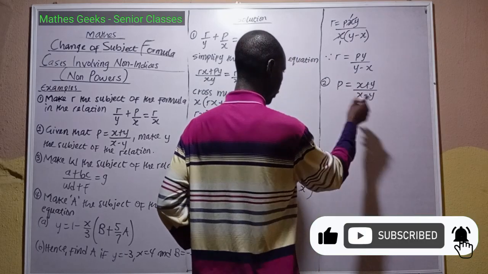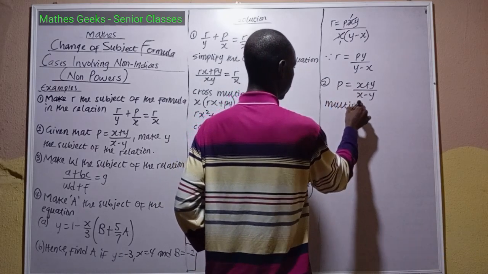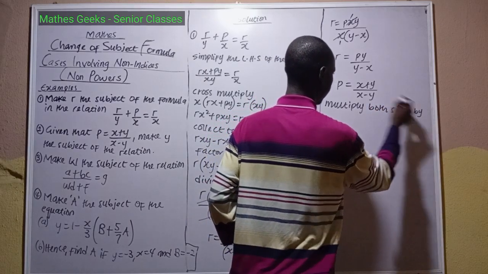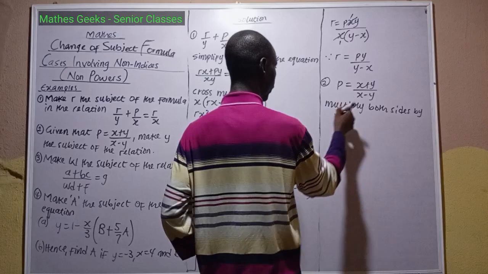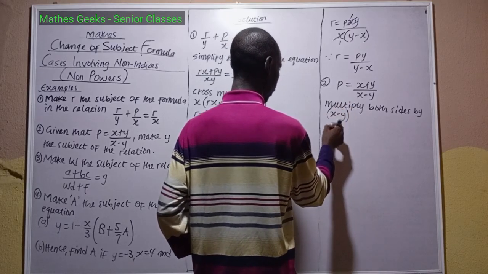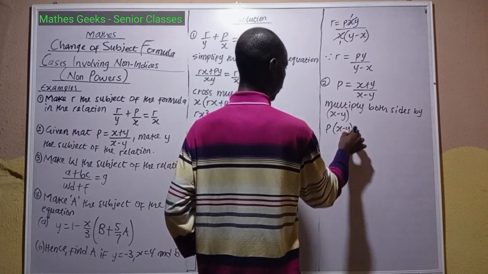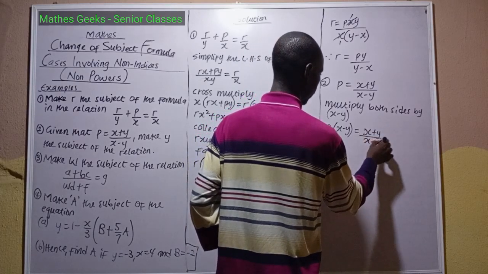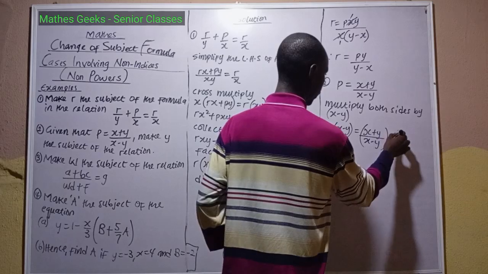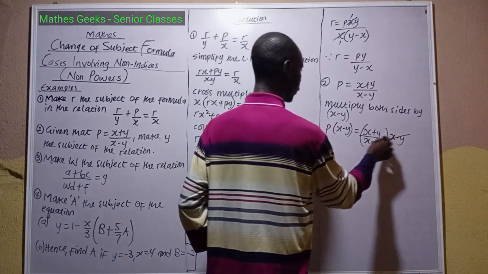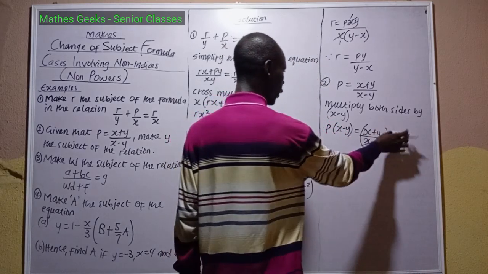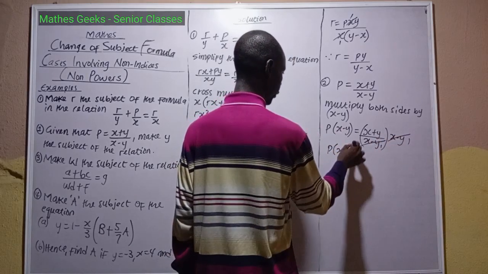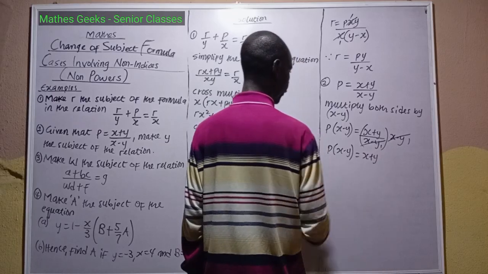So to do that, we multiply both sides by x minus y to eliminate this denominator. So p(x minus y) equals (x plus y) over (x minus y) times (x minus y). So this will cancel this out. So p(x minus y) equals x plus y.